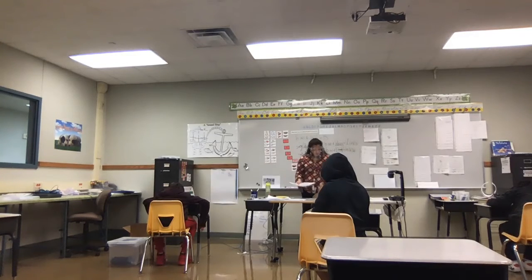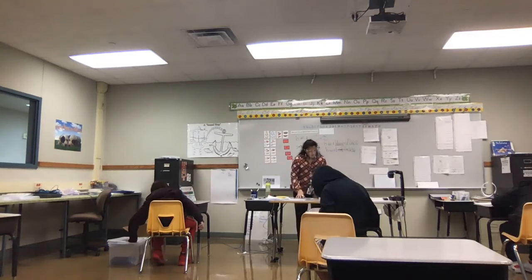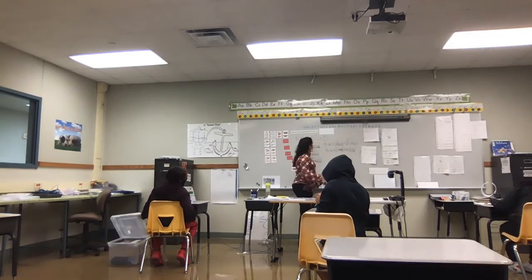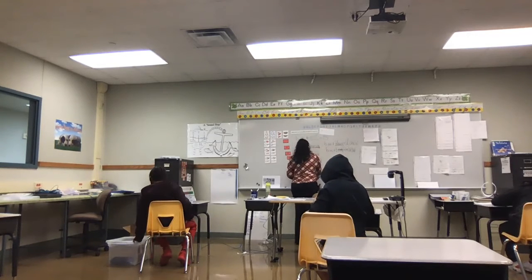All right, thank you. Okay, guys, you can put that off to the side. We're going to do the sentences in just a moment. Let's go ahead and review about a sentence.